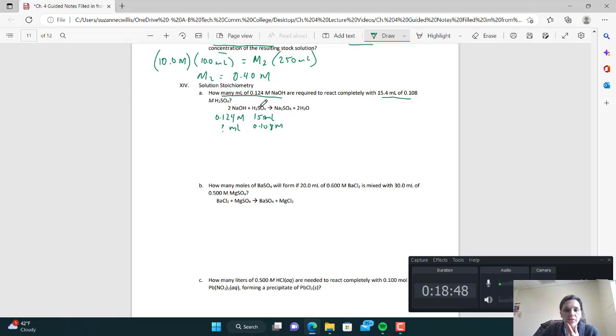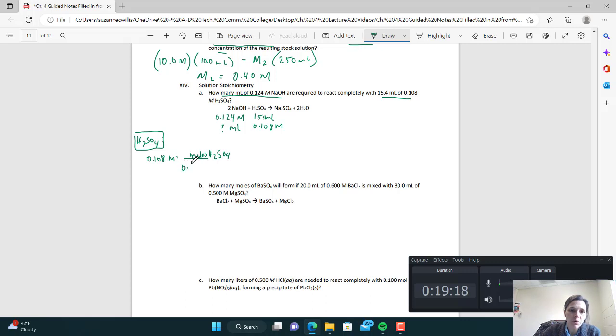Well, do you notice that for sulfuric acid right here, you know molarity and you know volume? So what you can do is if you focus on who you know the most about, let's focus on H2SO4 here first. Okay, we know the molarity is 0.108. And we know that we used 15.4 milliliters. So do you notice that with molarity, we can figure out how many moles of H2SO4 were present by using this equation.